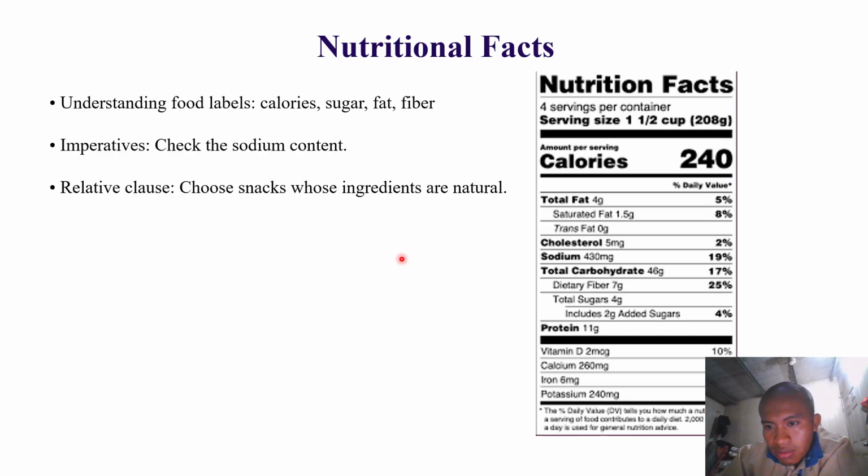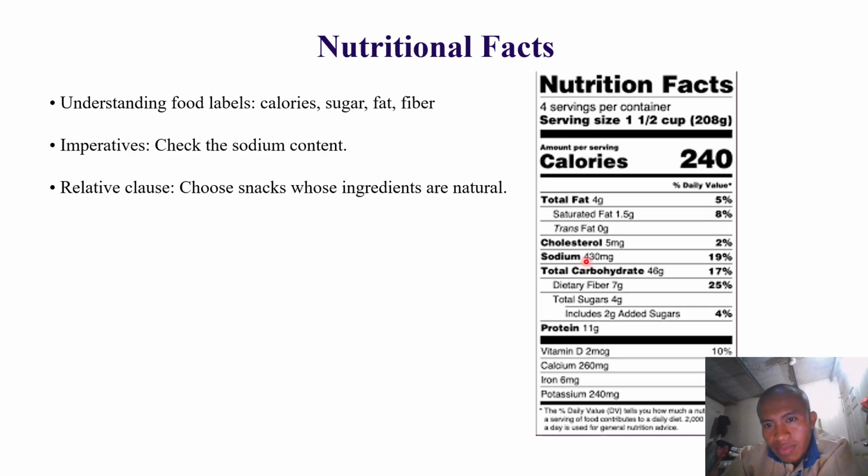If you are buying something, you have to check the labels because they have information like this. You see here vitamin, calcium, iron, potassium. So you have to check this.